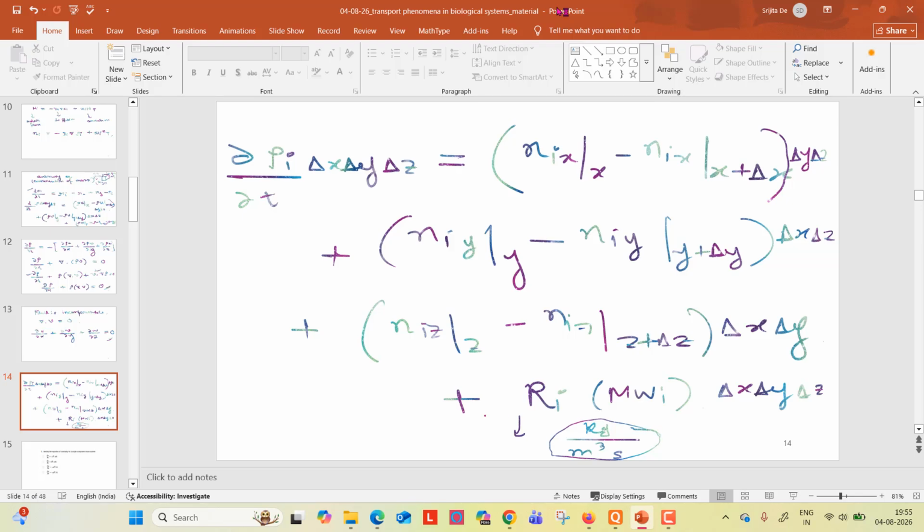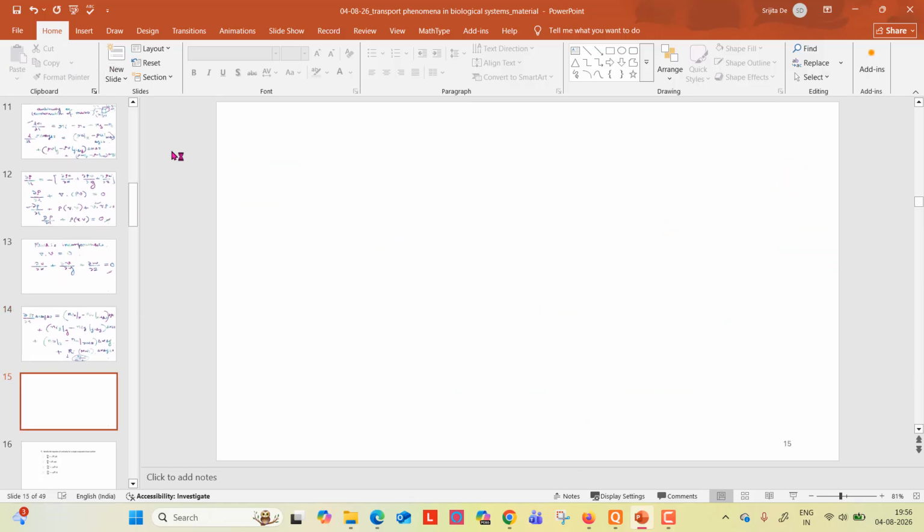Now similarly, if we divide all the terms by delta x, delta y, delta z, and we take the limit delta x tends to 0, delta y tends to 0, and delta z tends to 0, we'll get a similar type of equation. What is it?